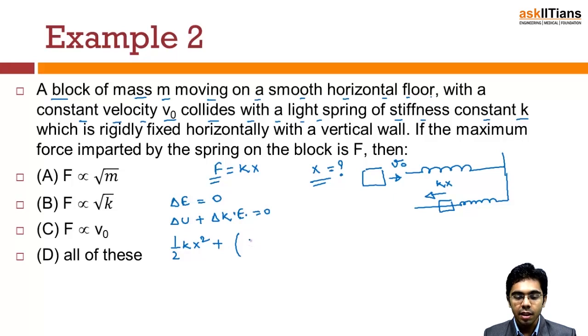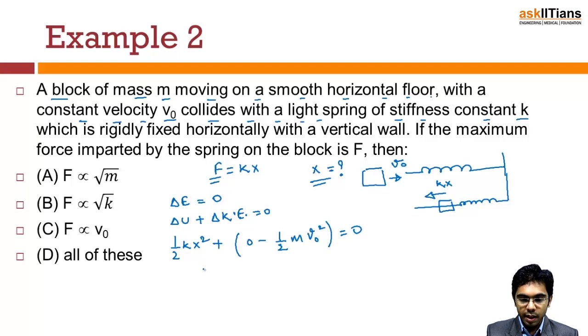The block will be momentarily at rest after striking the spring, therefore the final kinetic energy will be 0. So 0 minus half m v naught squared, the initial kinetic energy, will be equal to 0.